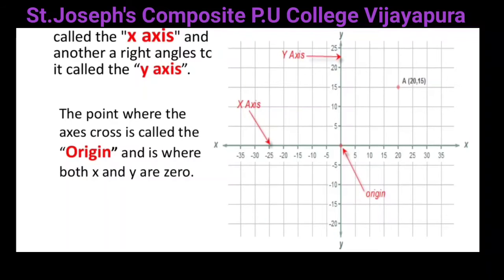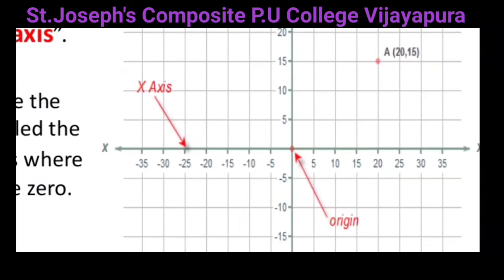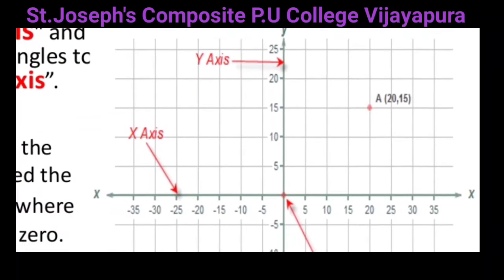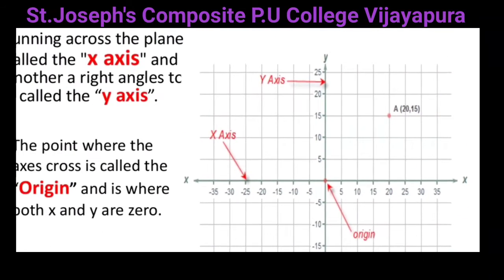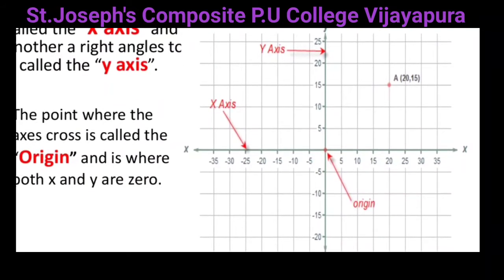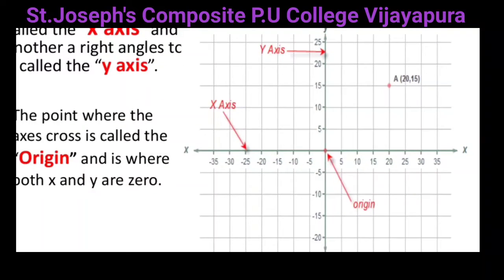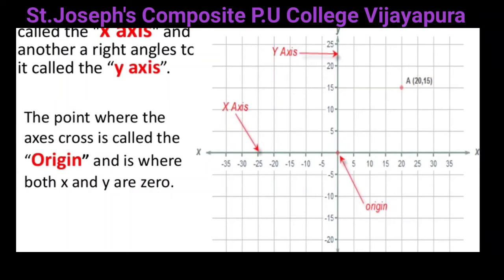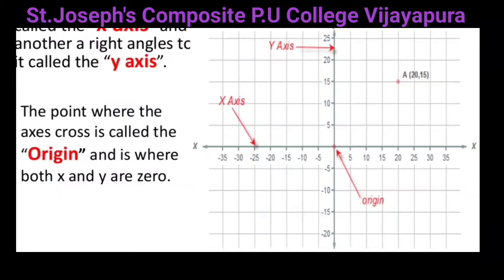This axis XOX prime, this is what? The horizontal line is called the x-axis, and this vertical line YOY prime is called the y-axis. And these are perpendicular lines that intersect each other at 0.